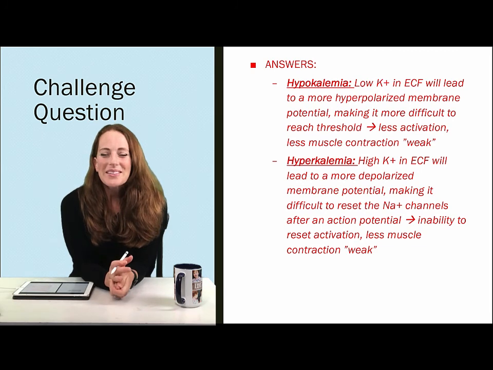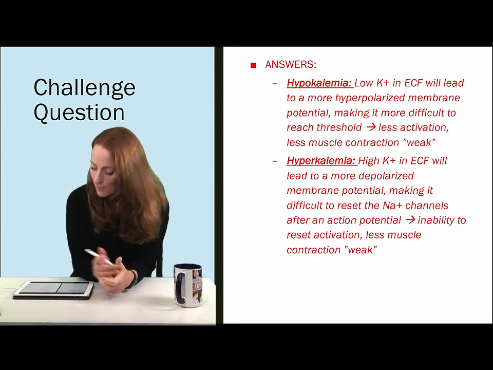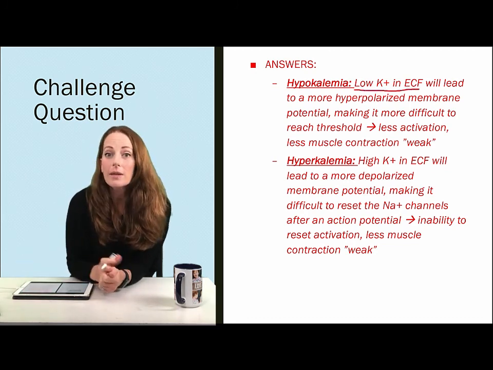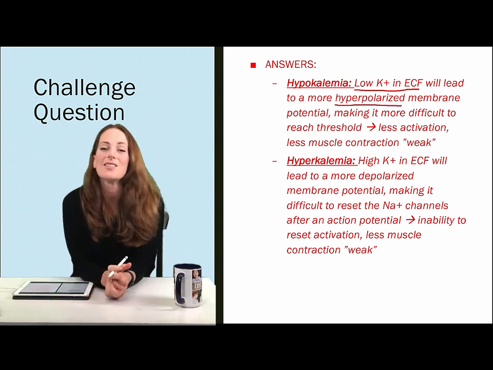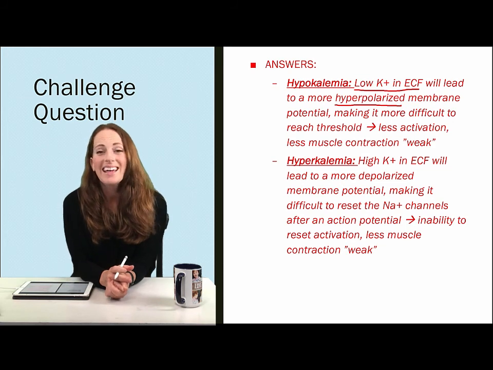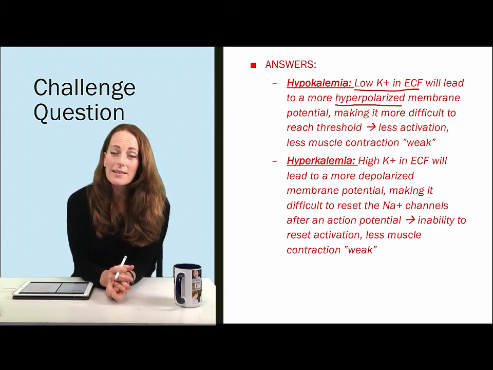If I spoke a little too fast, here's a summary of what I just said. In hypokalemia, the low potassium in the extracellular fluid will lead to a more hyperpolarized membrane potential, making it more difficult to reach threshold and get action potentials to those target cells, to those muscle cells.